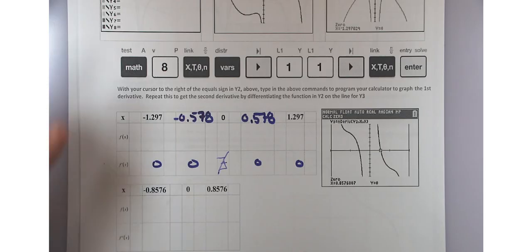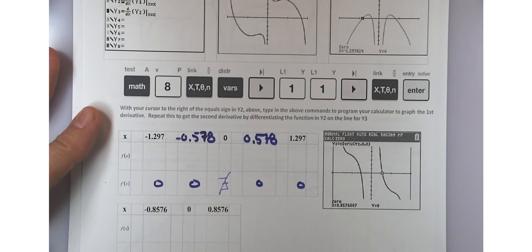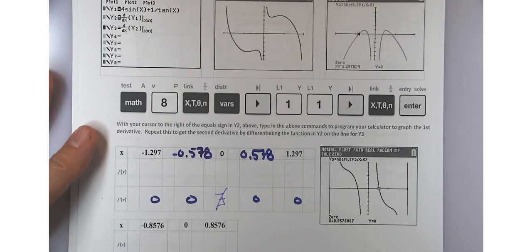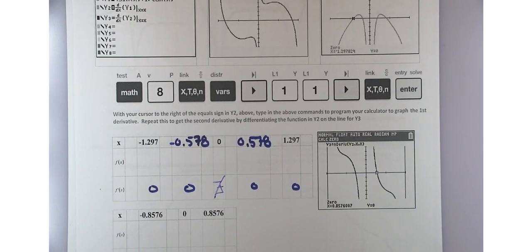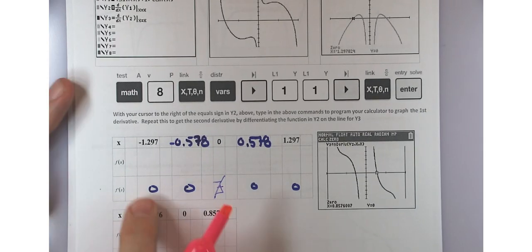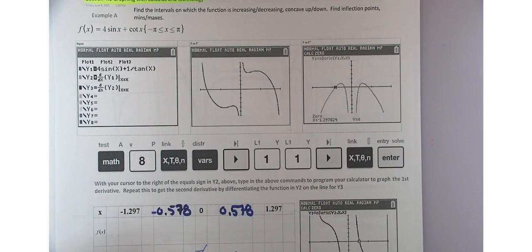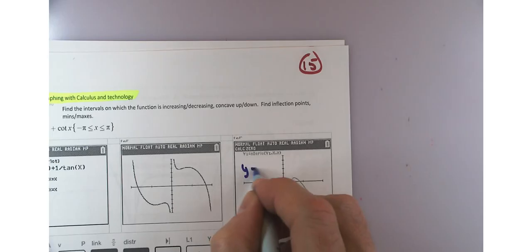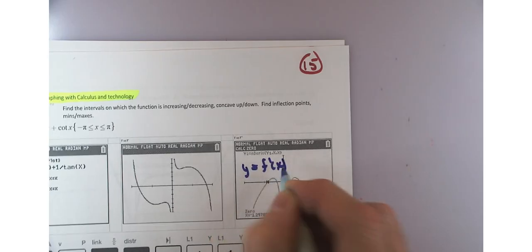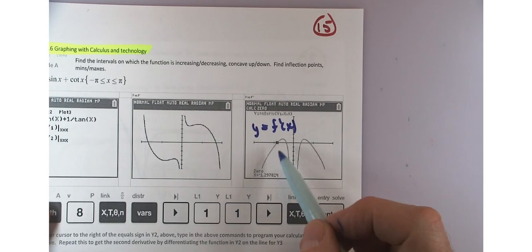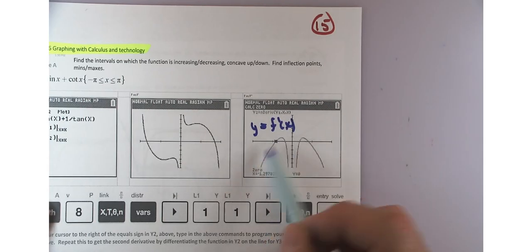But how about filling in the signs of the rest of these things? Can we figure out what's going on with the rest of these things? Take a look at the graph of the derivative. This is the graph of y equals f prime right here. Is the derivative negative or positive to the left of negative 1.297?